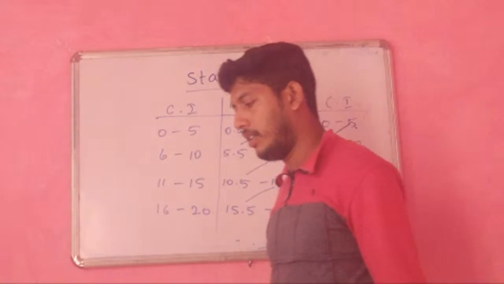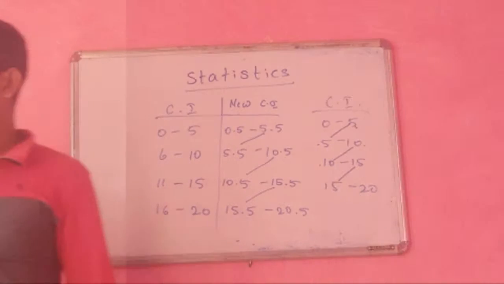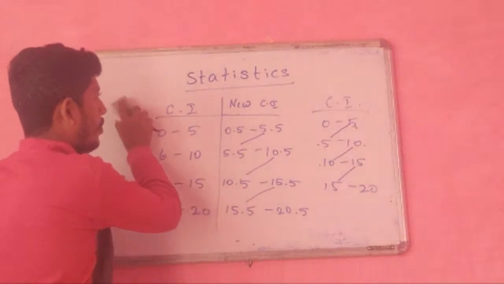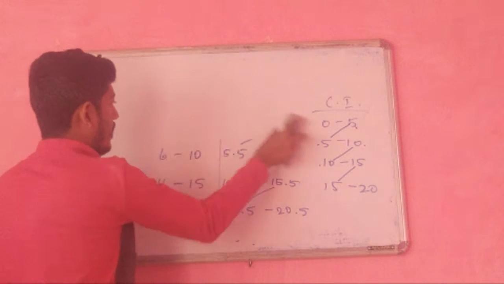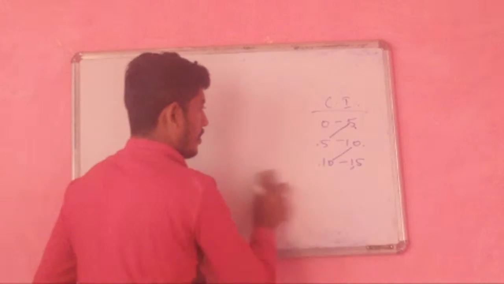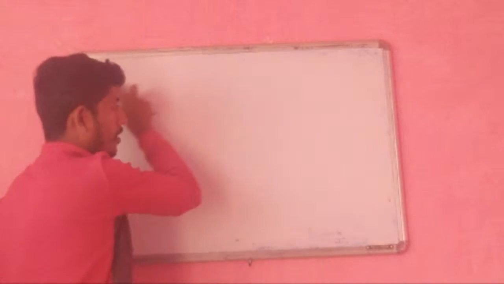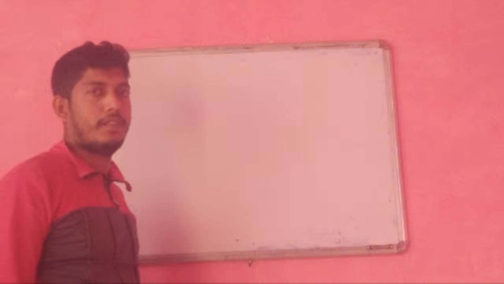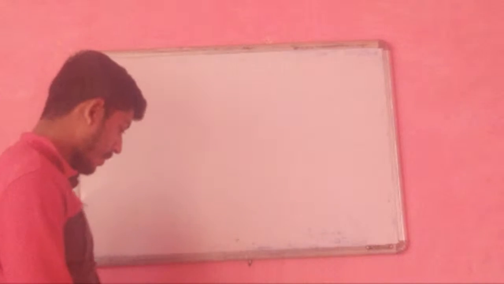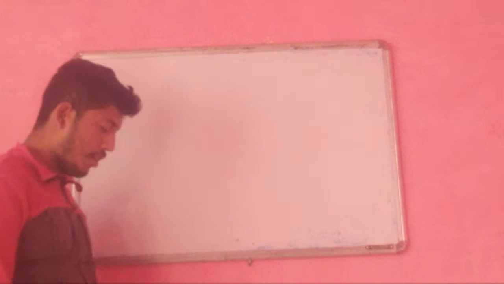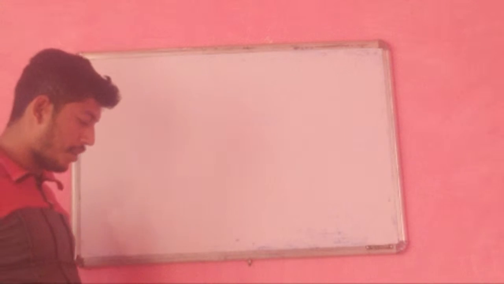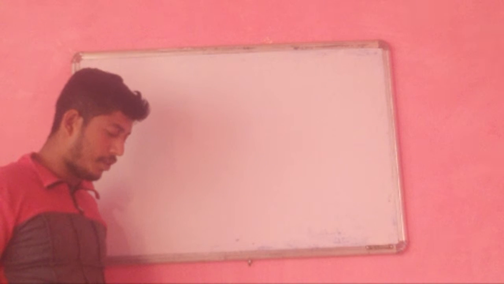Now I will directly solve a problem from the second exercise, where we have to find the median of the data. This is very important. It comes for 3 marks and sometimes for 4 marks. The question is: the following table shows the ages of the patients admitted in a hospital during a year.